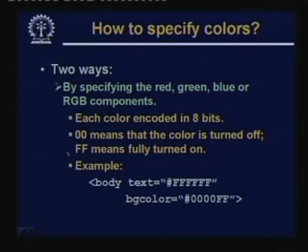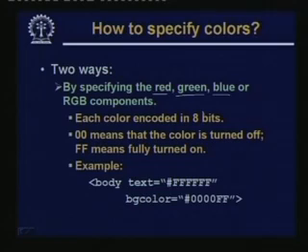Although I have given some examples, let me tell you how we can do this. There are two ways. The first way and the most flexible way is to specify the red, green and blue components of the color. You may know that red, green, blue are the three fundamental colors, and any color in this universe can be generated by some combination of these three.